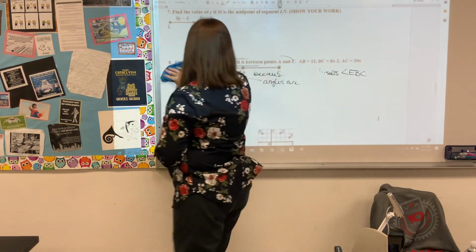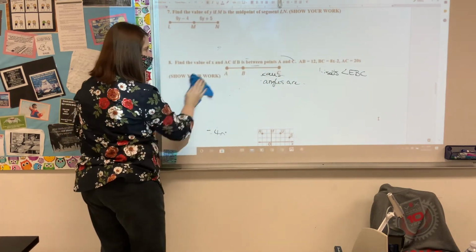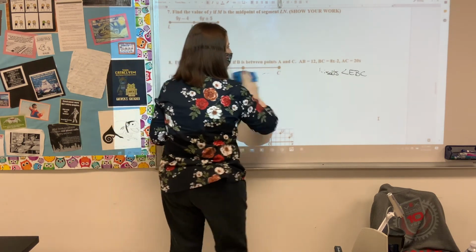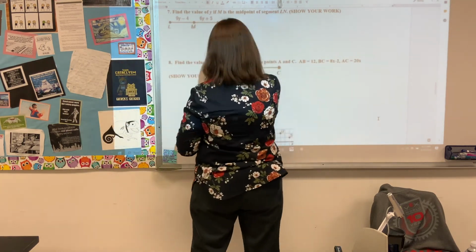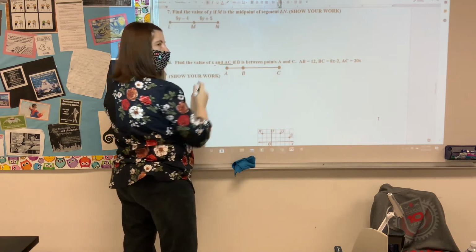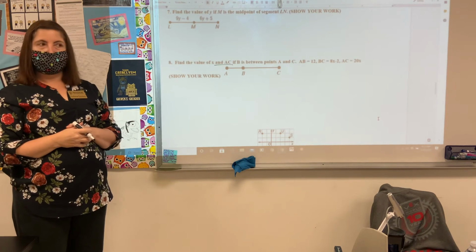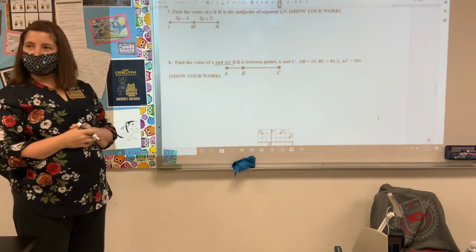Did we, for number 8, find AC? We solved for x. For number 8, did we do the second part? You can put x back into the equation. I don't remember doing it either.